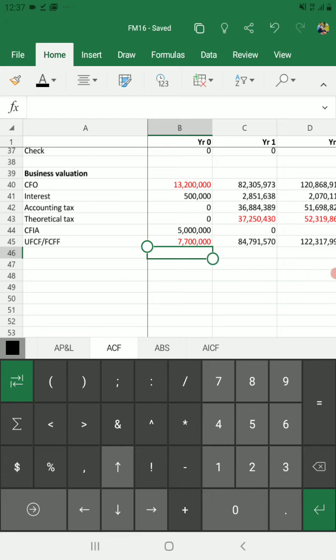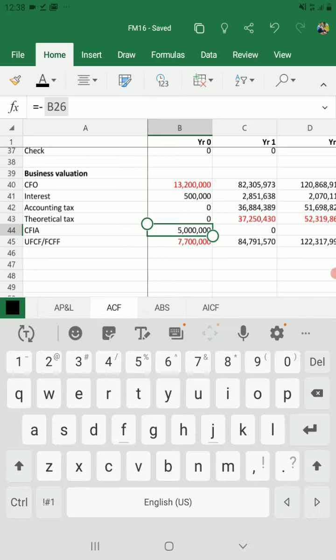So it is comparable, and that's why it makes sense to use unlevered free cash flow. And this cash flow, as I said, is taken from cash flow from operations. You add back the interest component, you add back accounting tax, and then deduct theoretical tax, and then cash flow from investing activities.